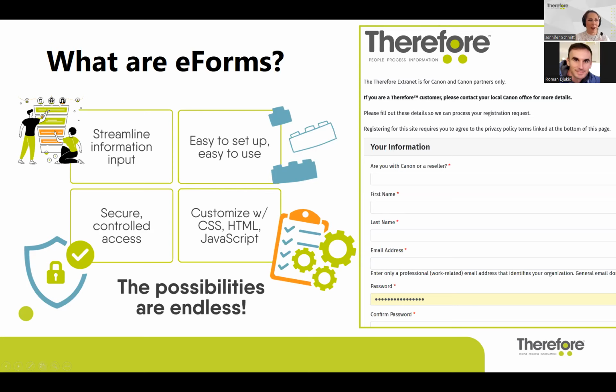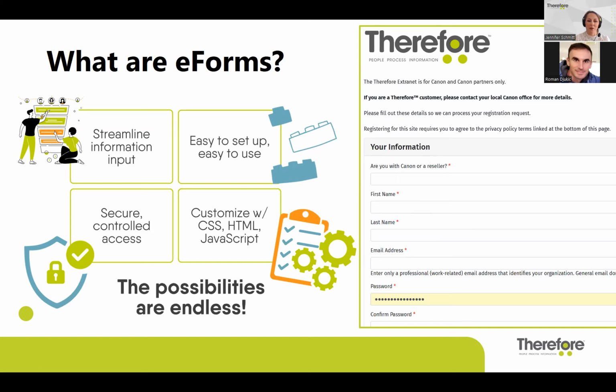So of course, if you have the combination, here on the right is a sample screenshot of an eForm that you might be familiar with as well. You saw the eForm that we used to get access control for the sales training. This one is for the extranet. So some of you might be familiar with our extranet. Actually, all of you should be.